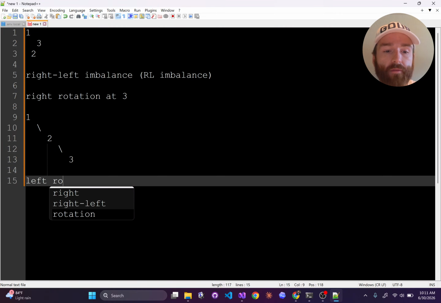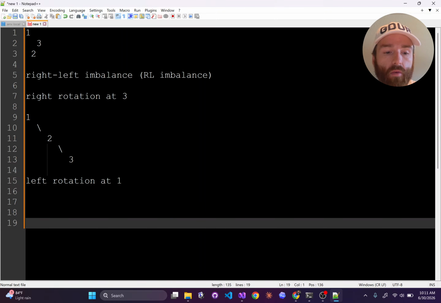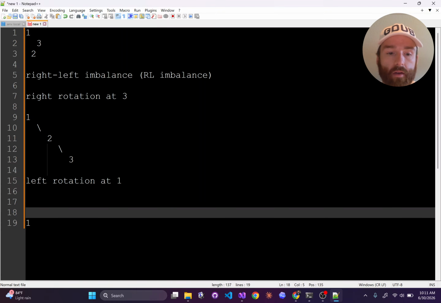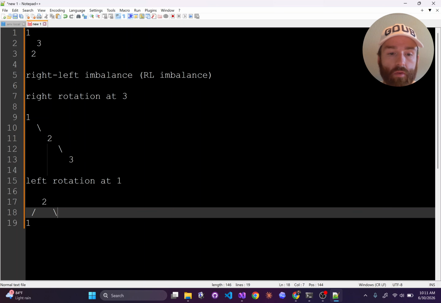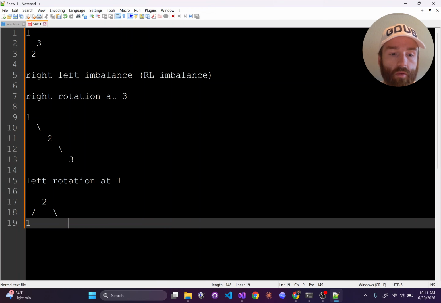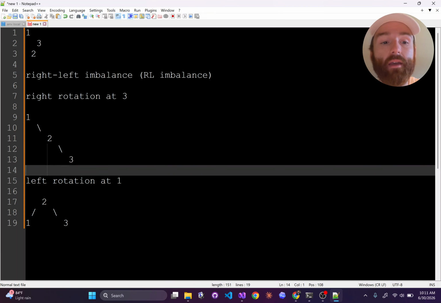And then we do a left rotation at 1, which would then shift it to where we had 1, 2, 3, as such. That would be the correct way to solve that problem there.